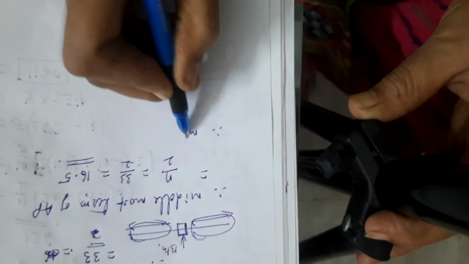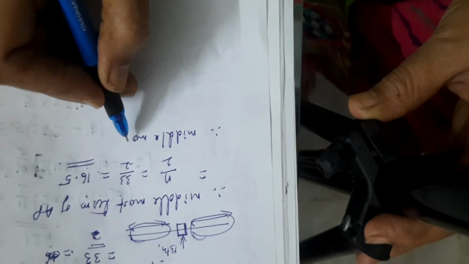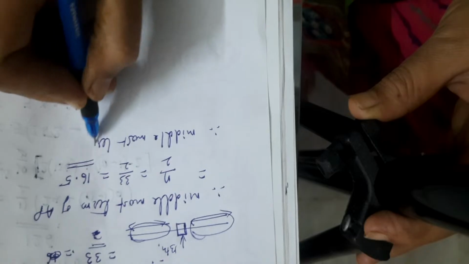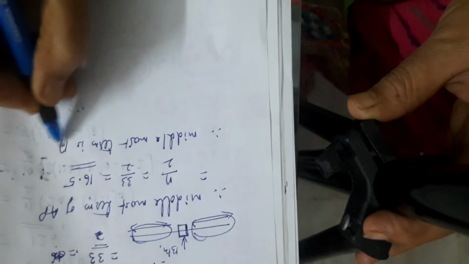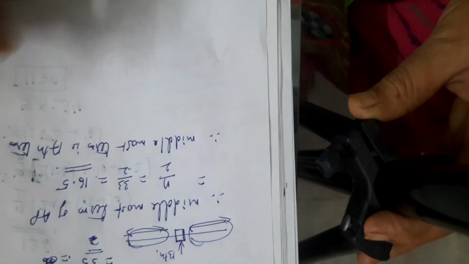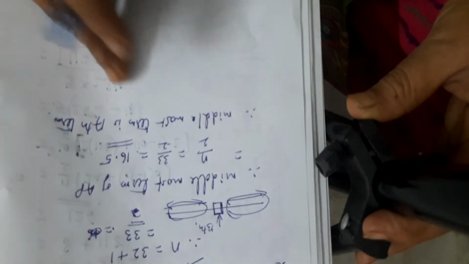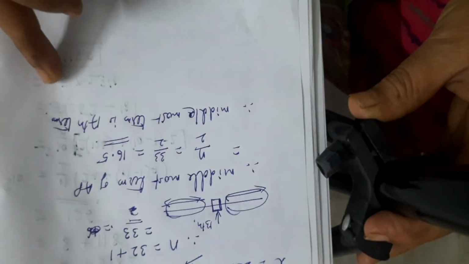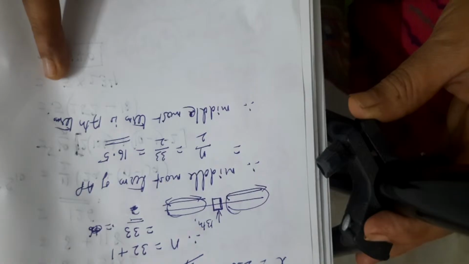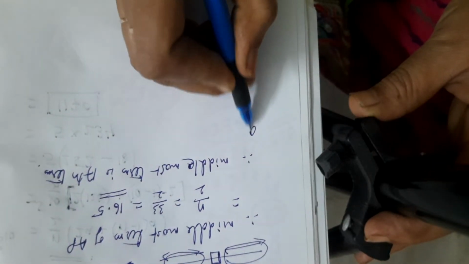Therefore, the middlemost term is the 17th term. They asked only what the middlemost term is, so you do not need to find the value. Only the middlemost term. If they ask for the value of the middlemost term, then calculate the 17th term.